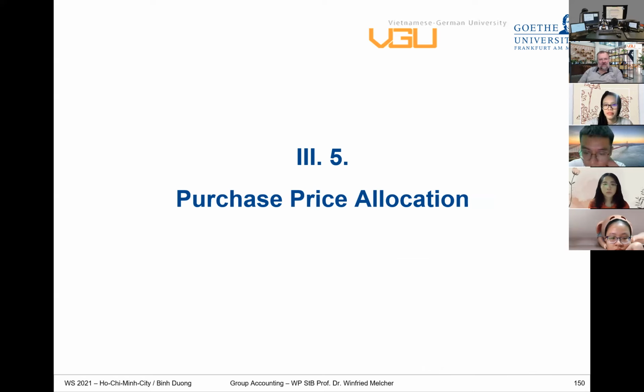Well, what have we done so far? Let's have a look. Well, first, we found out what is the fair value of the investment, which we have to allocate in the single financial statements to the parent. Then we tried to find out what the net assets are, and we could allocate a fair share of these net assets to the non-controlling interests.